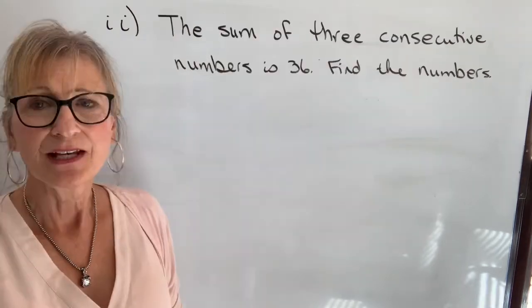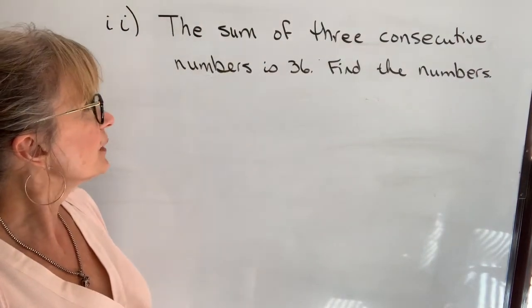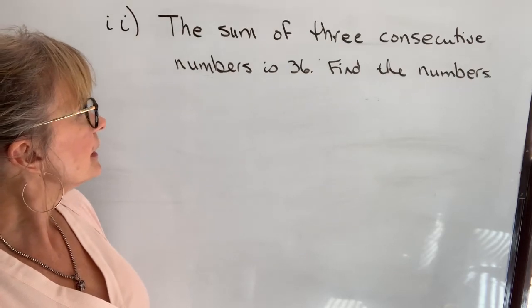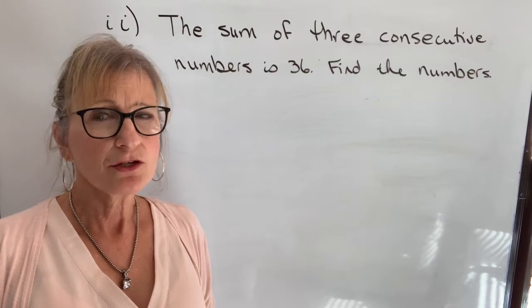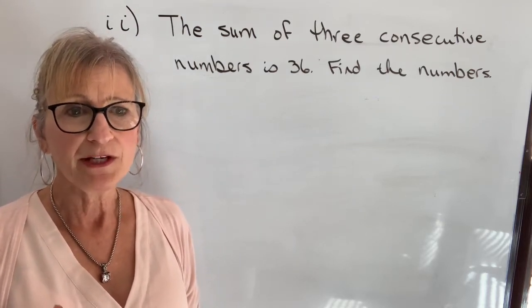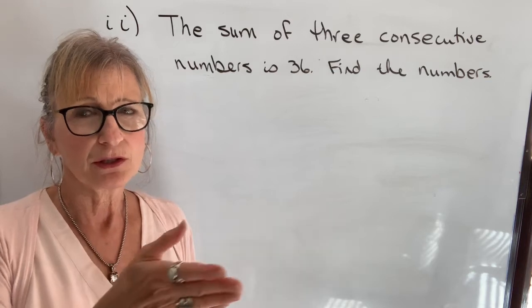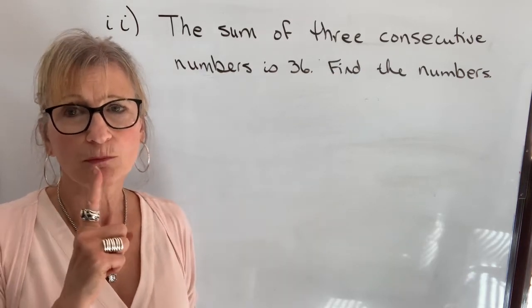Let's try another one. In this next example, it says the sum of 3 consecutive numbers is 36. Find the numbers. So we actually have 3 unknowns in this problem, but we can't have 3 unknowns in our equation or we won't be able to solve it. We only want 1 unknown.